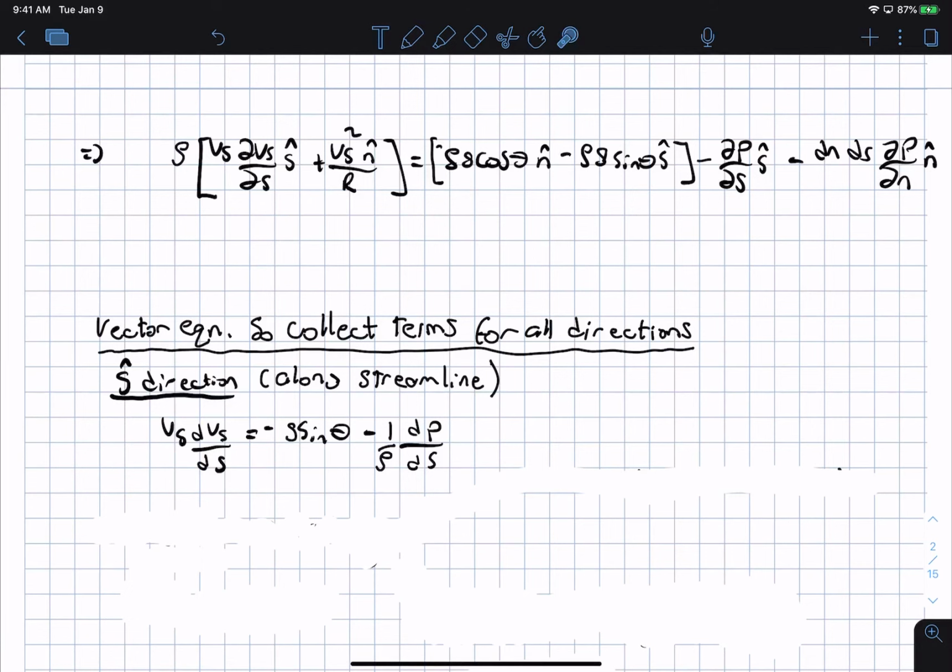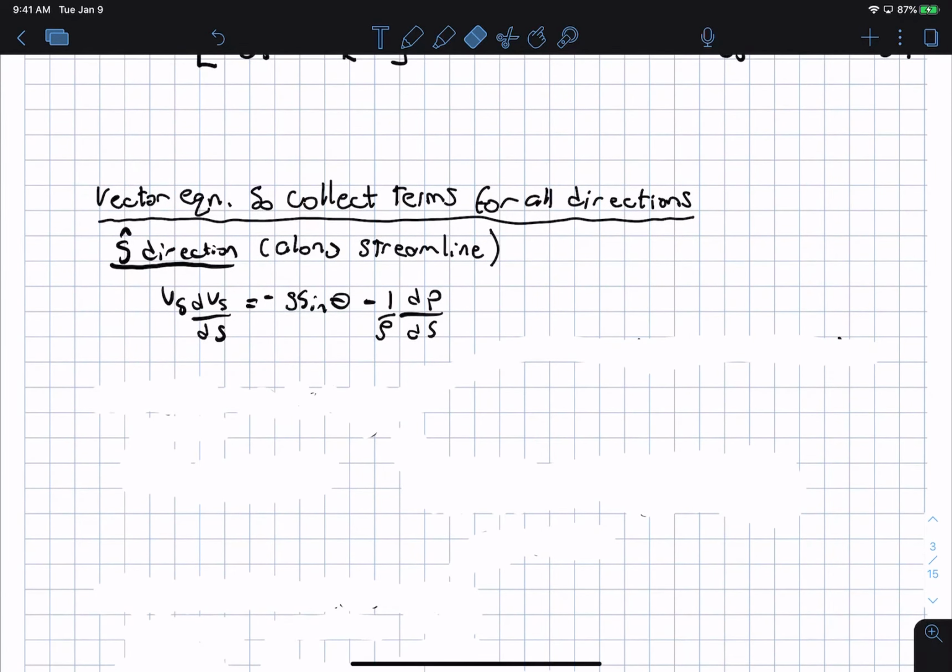Okay, so this still doesn't look very useful. We have all these derivative terms of the velocity and the streamline, and this equation does turn into the Bernoulli equation, believe it or not. But we need to work with it a little bit more.